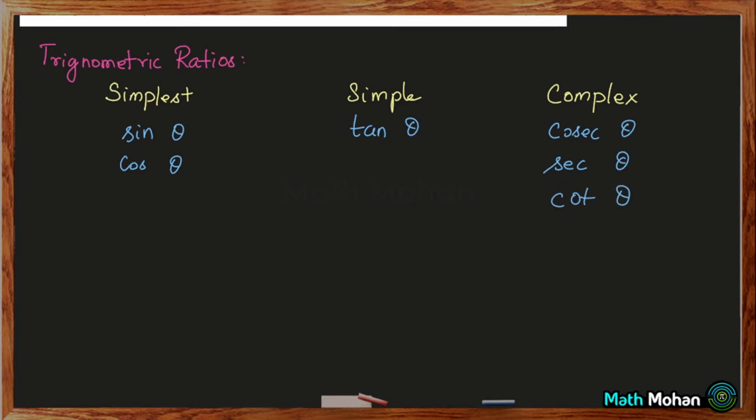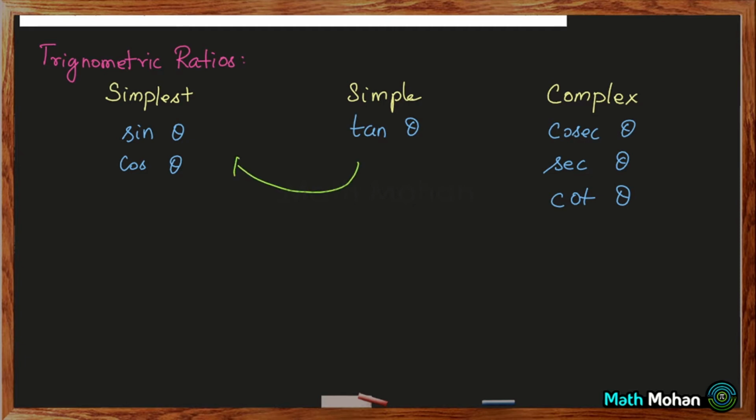What you have to do in proving sums like LHS is equal to RHS is this: if the terms are in simple form, you have to try to bring them to the simplest form.